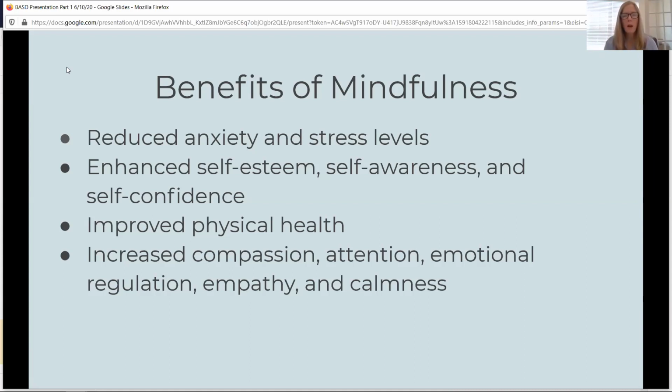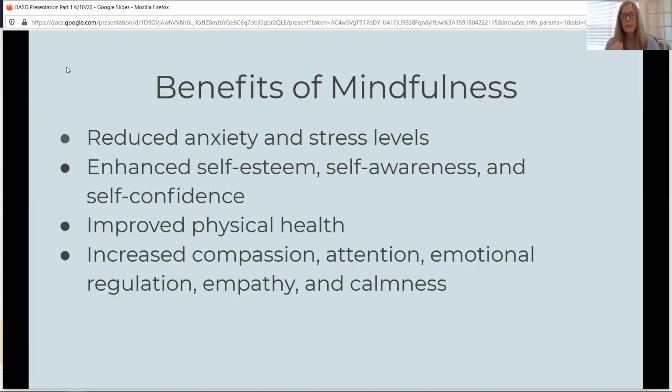We're releasing cortisol, the stress hormone, and when we take mindful breaths, we're activating the part of our nervous system that helps us rest and feel calm. And that is going to improve our physical health.